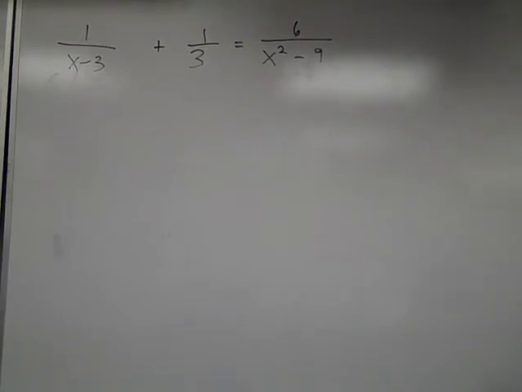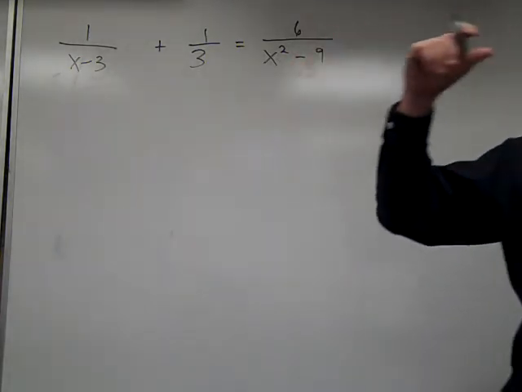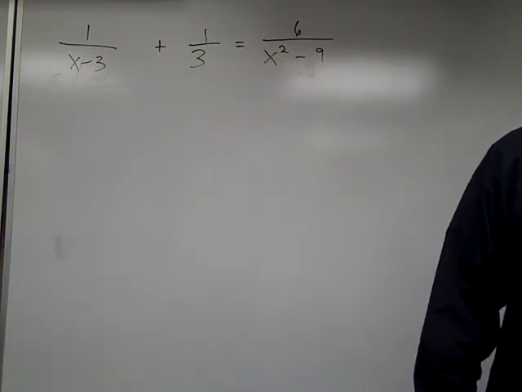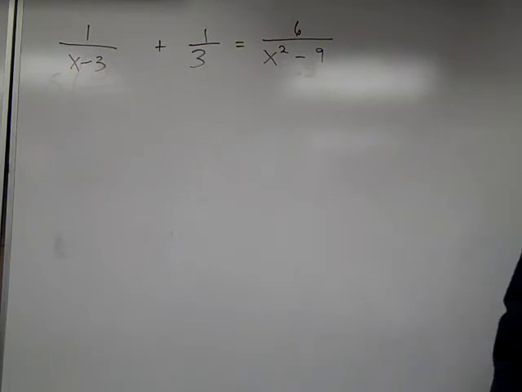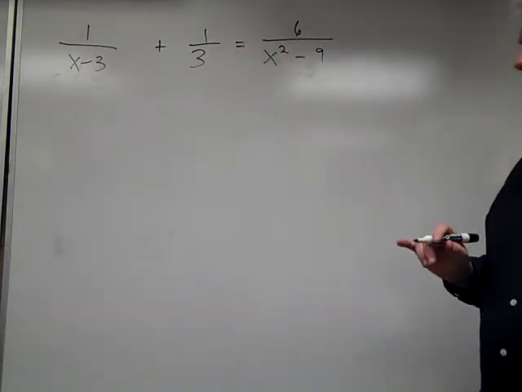There we go. All right, so here's another example, more like yesterday's, that will run into some of the issues we ran into yesterday. So when we've got x's downstairs in the denominator, and we know that finding factors of the denominator or common denominators is going to be important here, then what we need to do is factor these denominators first.